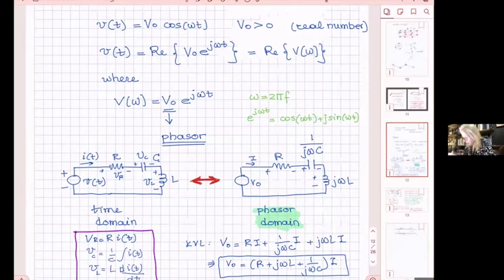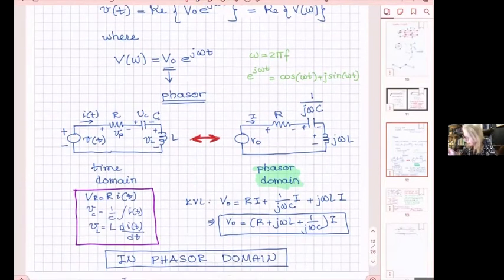Then we move to what we call the frequency domain or the phasor domain.